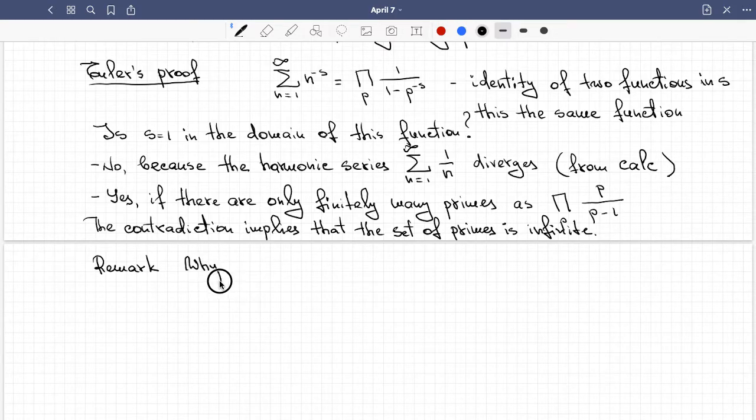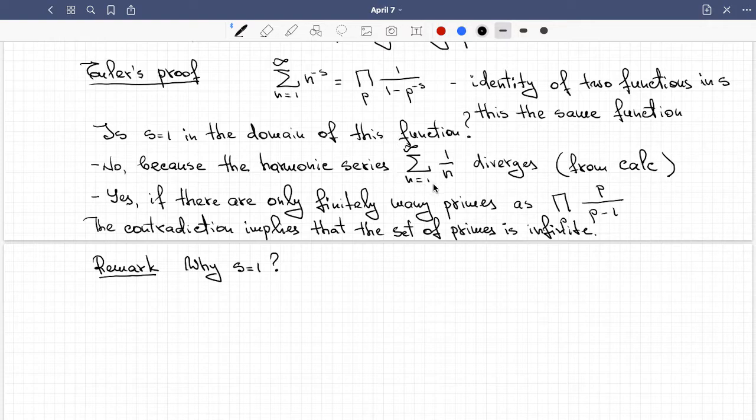Why s equals 1? In this proof, what we want is for this series to diverge. It diverges for negative s, say, even better than it diverges for s equals 1.